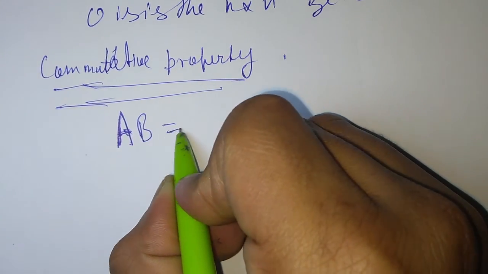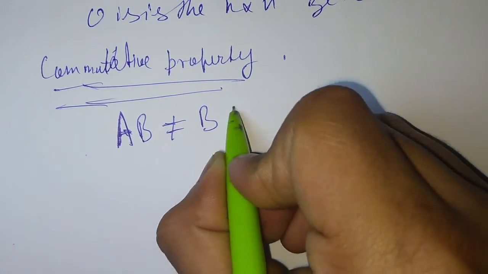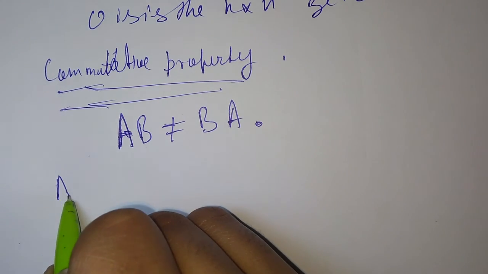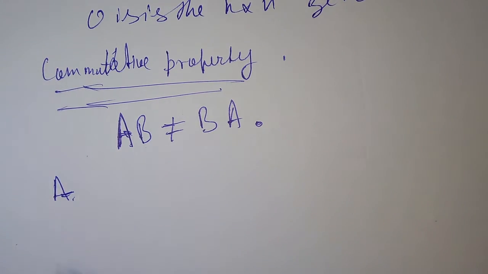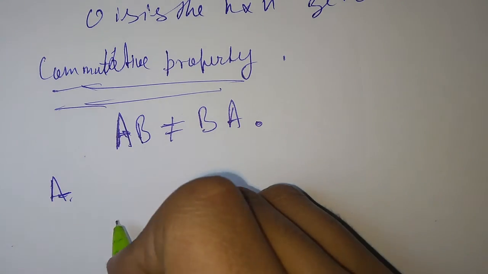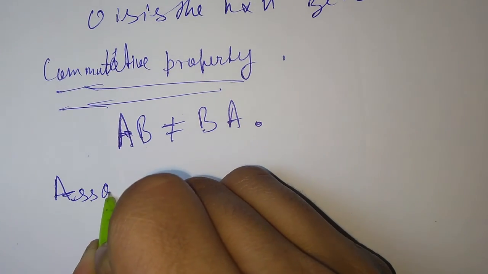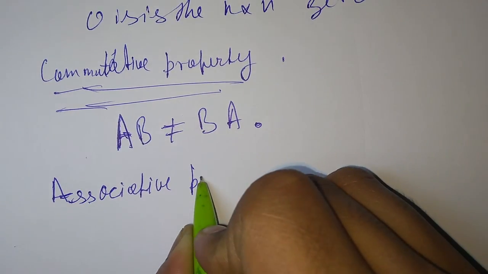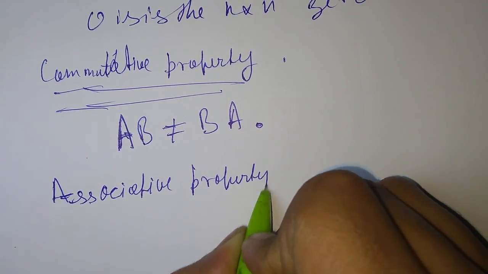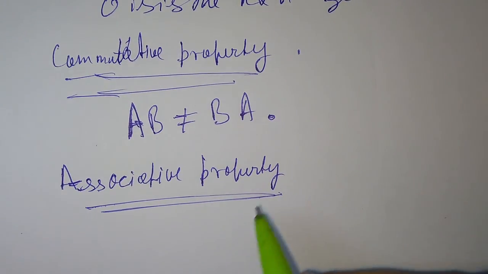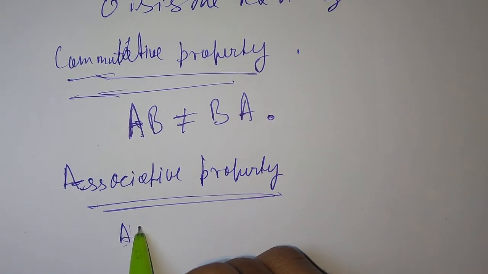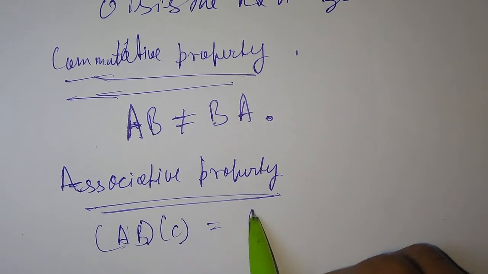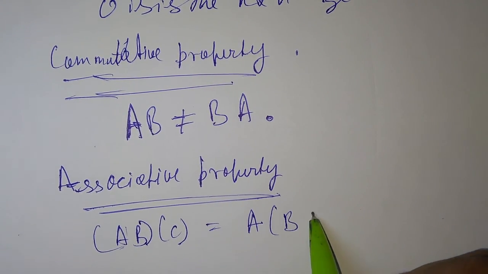This implies that A into B is not equals to B into A. Second property is associative property. This property says that (A times B) into C is equals to A times (B into C).